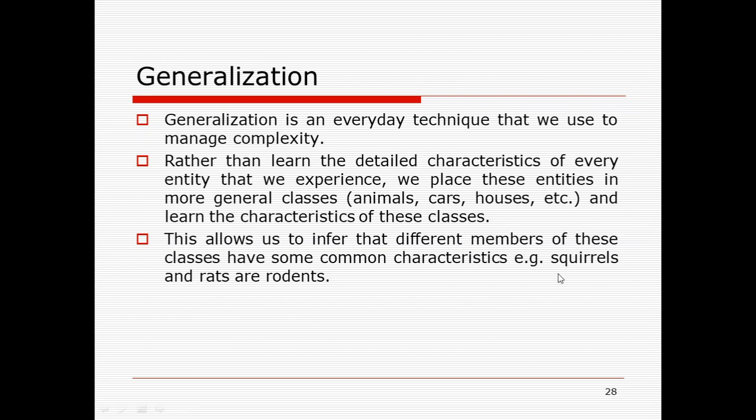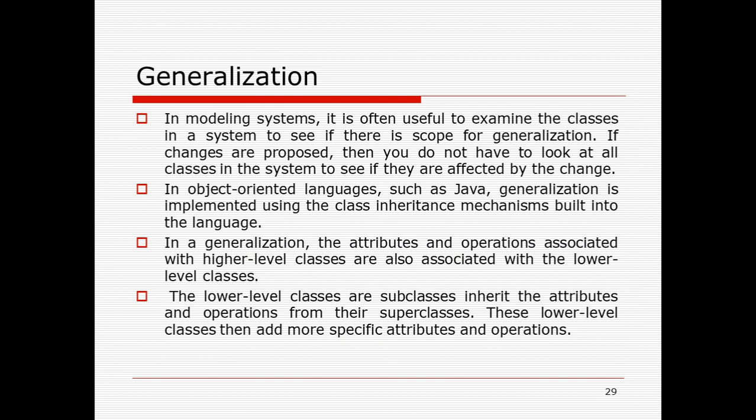In object-oriented programming, it is a common practice to look for the scope for generalization in a program. That is, if a common class can be created from which the classes can derive.